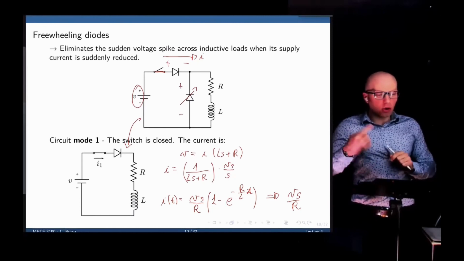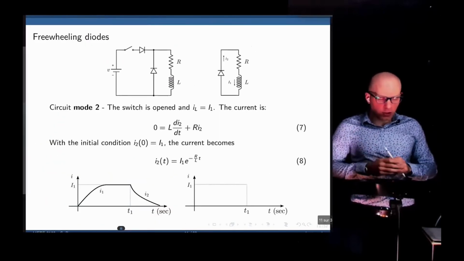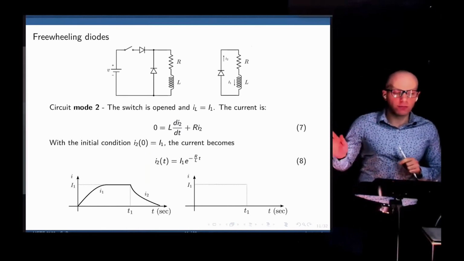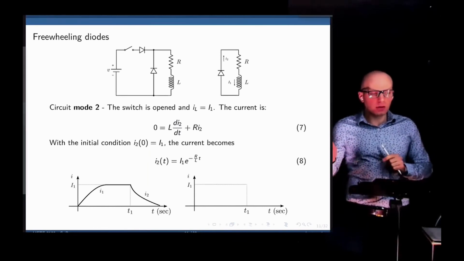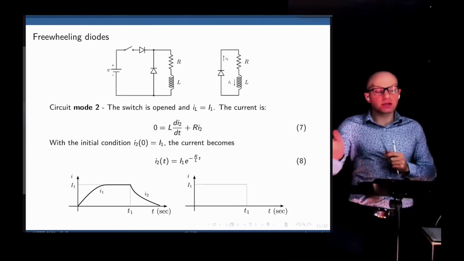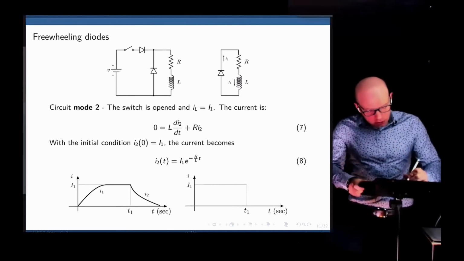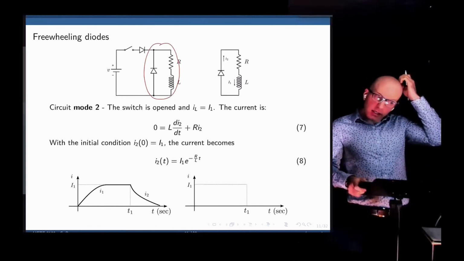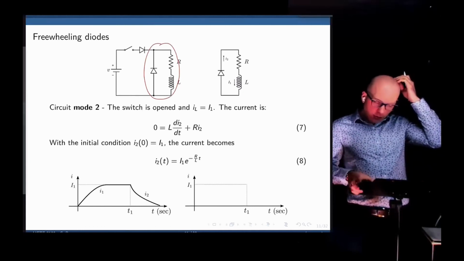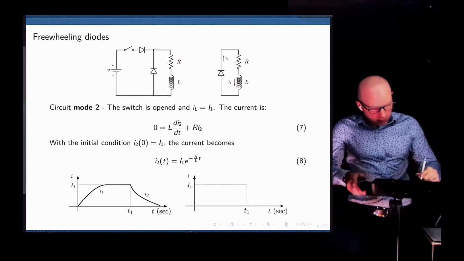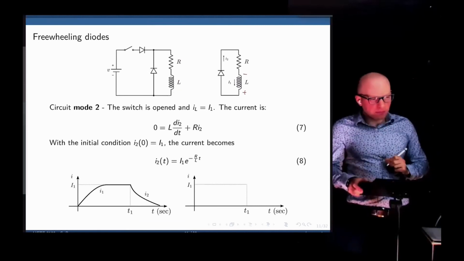Now the inductor is loaded with that steady state current. Now let's open the switch. As we open the switch, the power source is disconnected from the circuit, and we are only left with this part here. Because the current has now stopped flowing, the inductor will reverse its polarity and will now be charged this way, right?